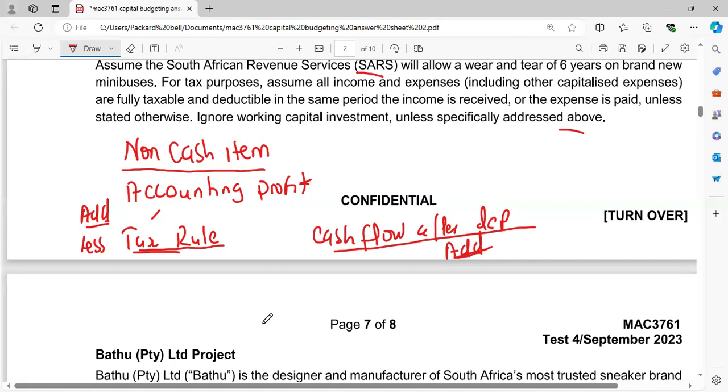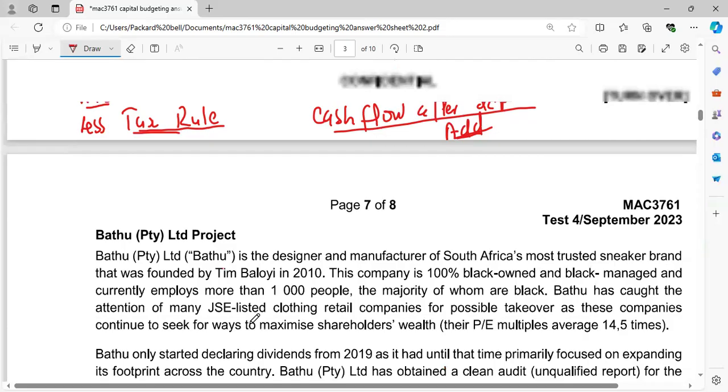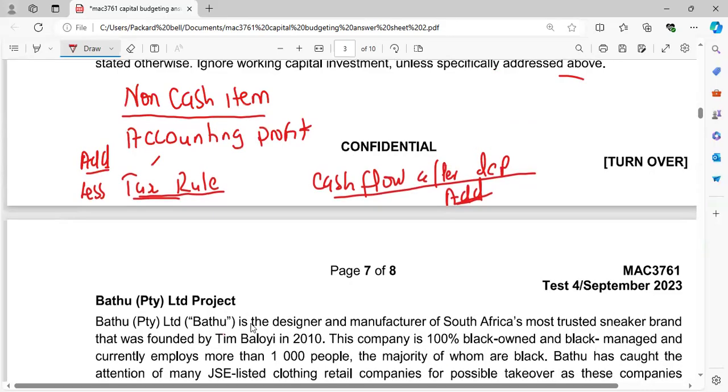So tax, MAC, FAC, they are integrated. You guys, you will see when you do your further module that you are going to write one paper that is integrated for FAC, tax, MAC, and auditing. It will be one paper that is integrated, which means these modules are integrated.